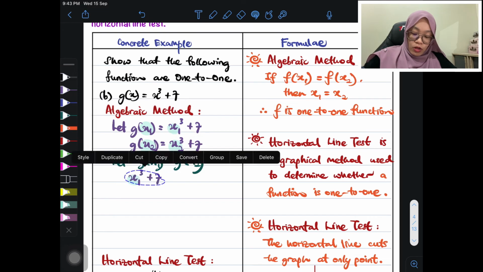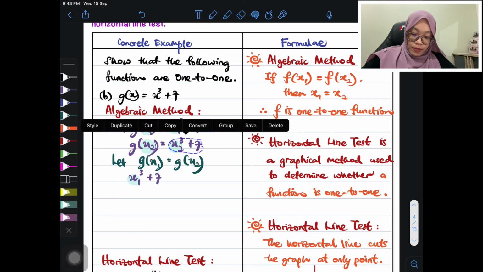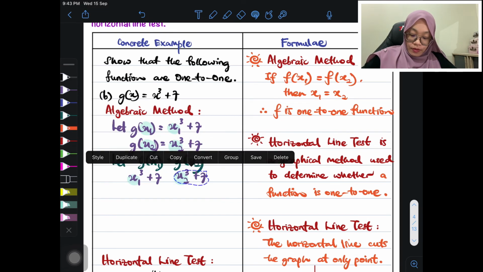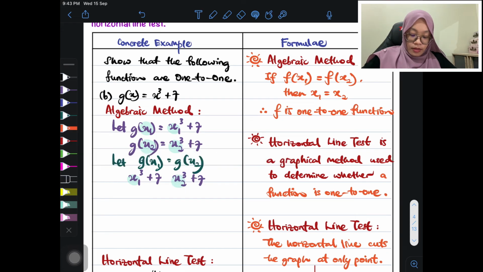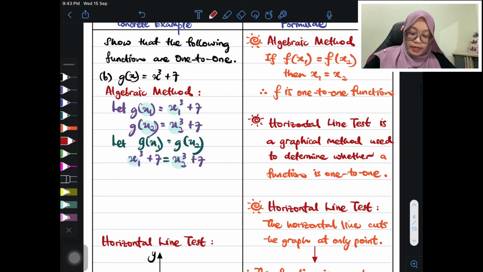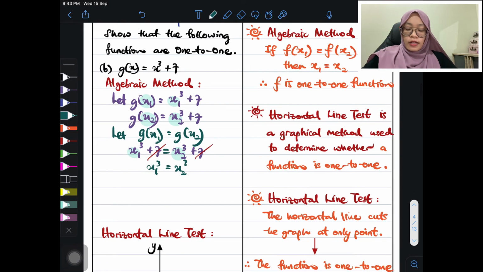And therefore, we copy. Once we have copied, we equate them together. And then we will see that 7 minus 7 is 0. Therefore, wow, I can see that x1 cube is equal to x2 cube. And then the cube can be removed by cube rooting both sides.